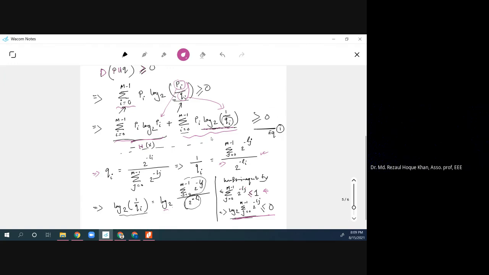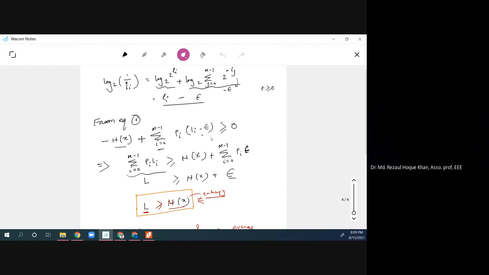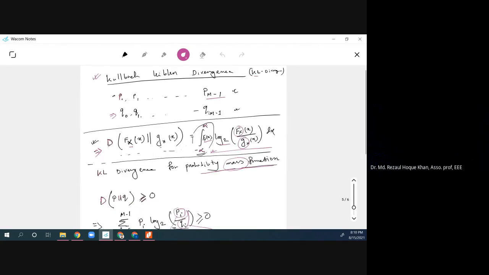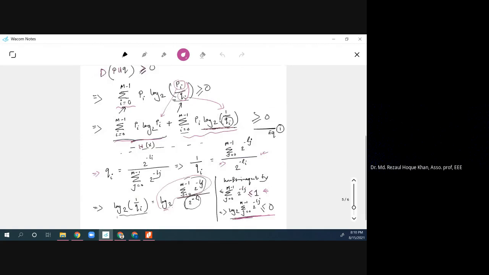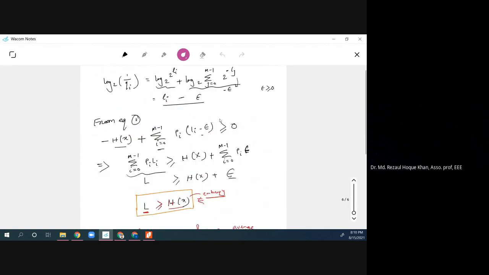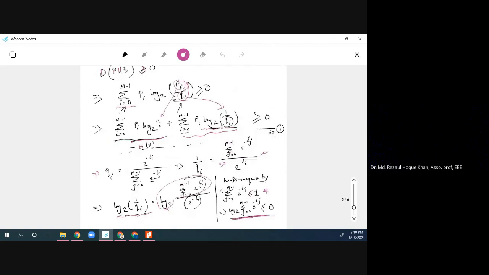Okay, so the log2 of this part, we will try to apply it here. Now log2 of 1 by q_i, this part we are actually trying to derive. Here we can say this is divided, log2, so we can divide.